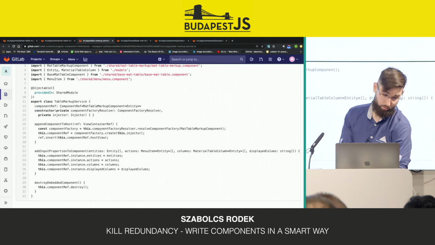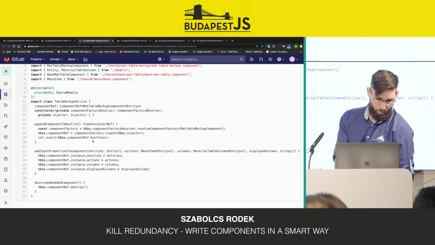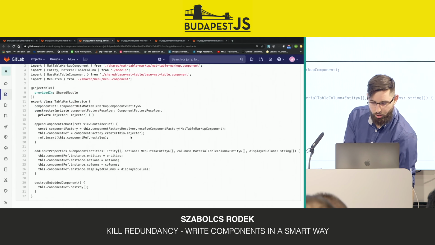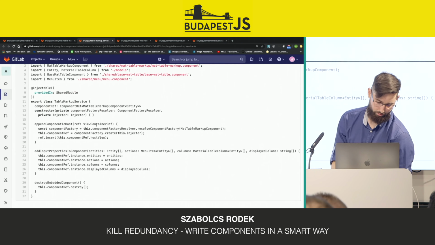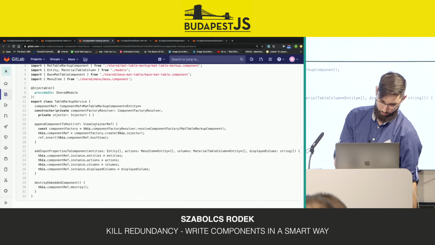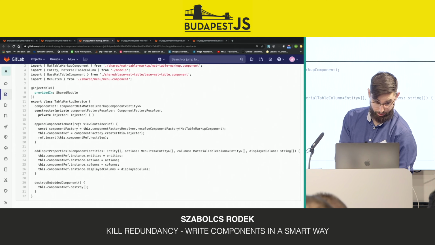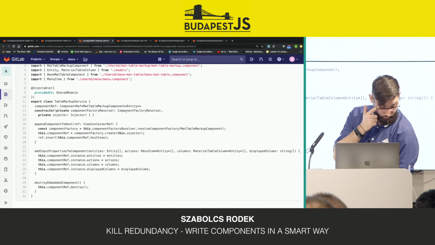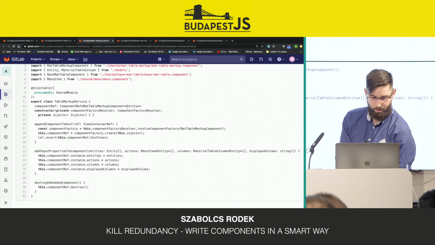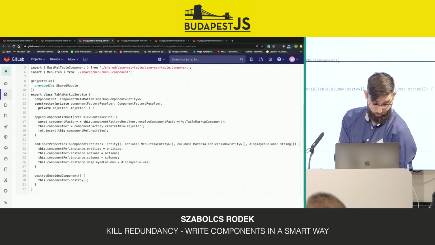And what's the trick? I just implemented a new service which can create the component and apply it on the view container you provide to it dynamically. How does it work? You just inject a component factory resolver and an injector, and you just have to implement a method here with a parameter of the view container.